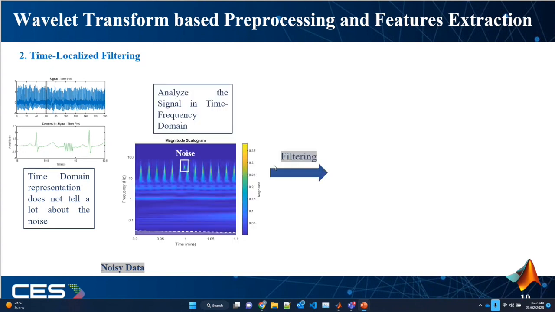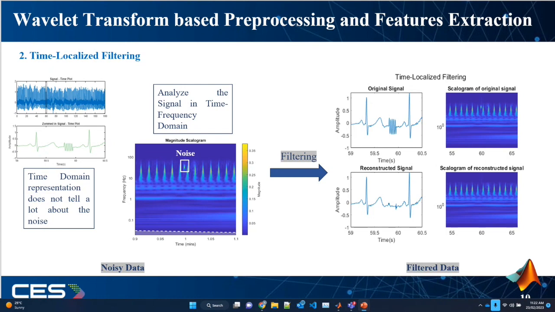The idea here is to filter the signal using the wavelet transform. Okay. So what we're gonna do, we're gonna just decompose again the signal and localize the noise, then zero out the unwanted pixels in the scalogram and use the IWT, the inverse wavelet transform, to go back to the time domain or to reconstruct the signal.